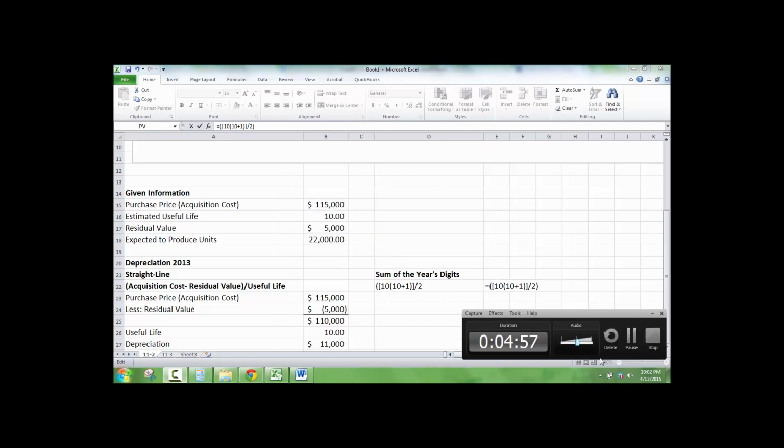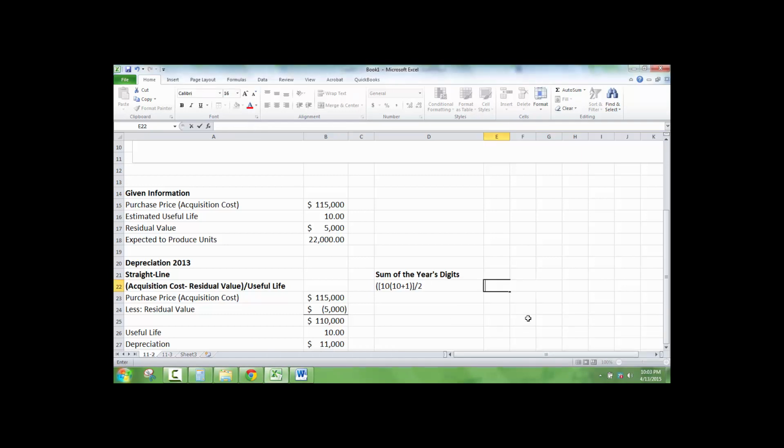So equals 10 times 10 plus 1 divided by 2, or 55. So that is the sum of the year's digits.